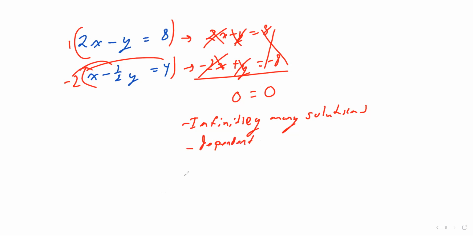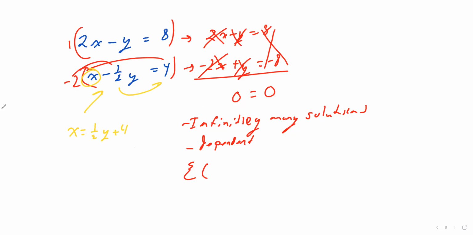But the way they want you to answer it, you don't have to do this for me, but for your homework, you might have to do this. So what they'll do is they'll have a set open up and they'll just ask you to solve for one of these letters. Okay. So let's say I want to solve for x because it's the one that has the best coefficient, right? So all I got to do is just add the 1/2 y. So this becomes x equals 1/2 y plus 4, or 4 plus 1/2 y, however you want to write it.